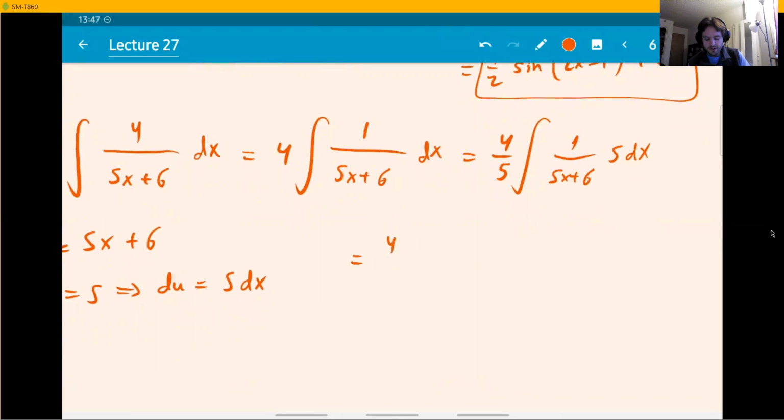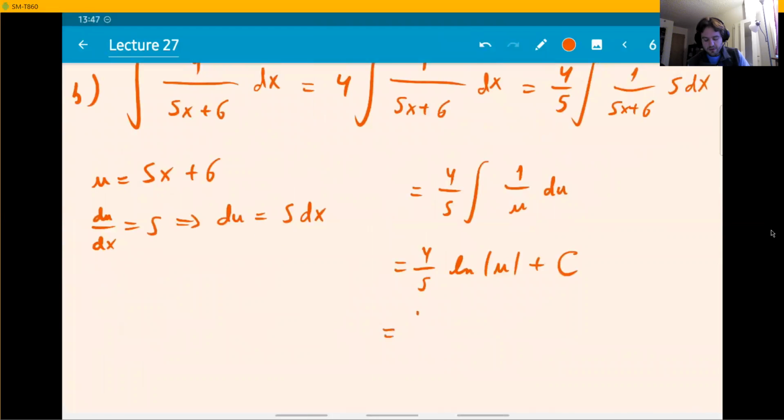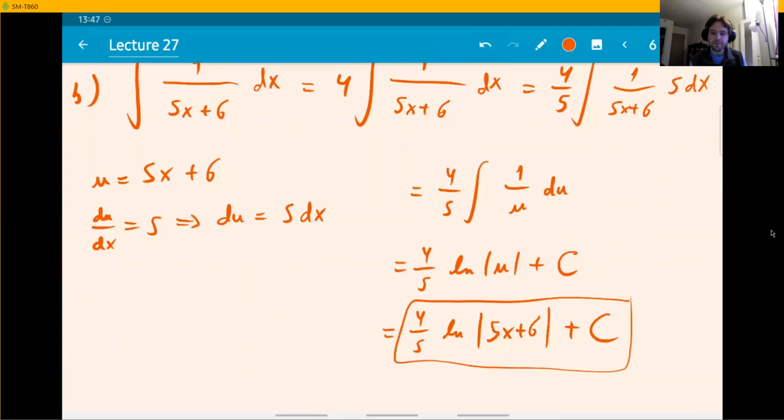This is 4 over 5, 1 over u du. This integral is ln of absolute value of u, which then becomes ln of absolute value. U was 5x plus 6. So that's the final answer.